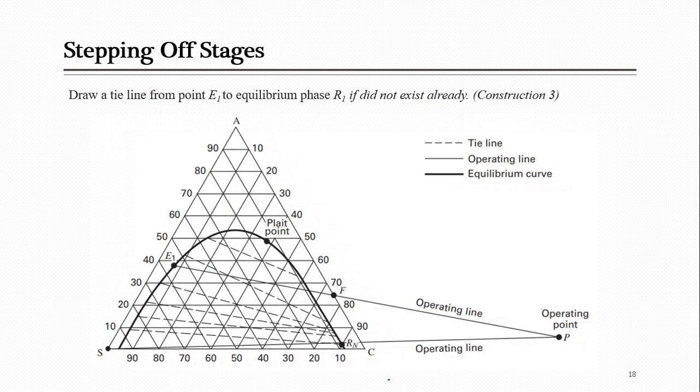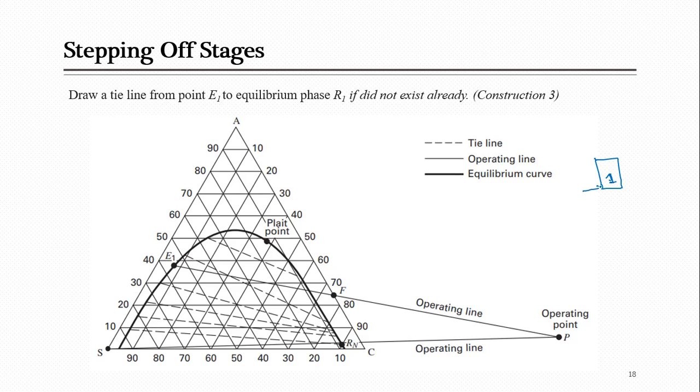In order to look for stages, first of all you should know that suppose your system has only one stage. Even for the first stage, even if the system contained more stages, from the diagram, look at stage 1: what are the two components in equilibrium with each other which are leaving this system?